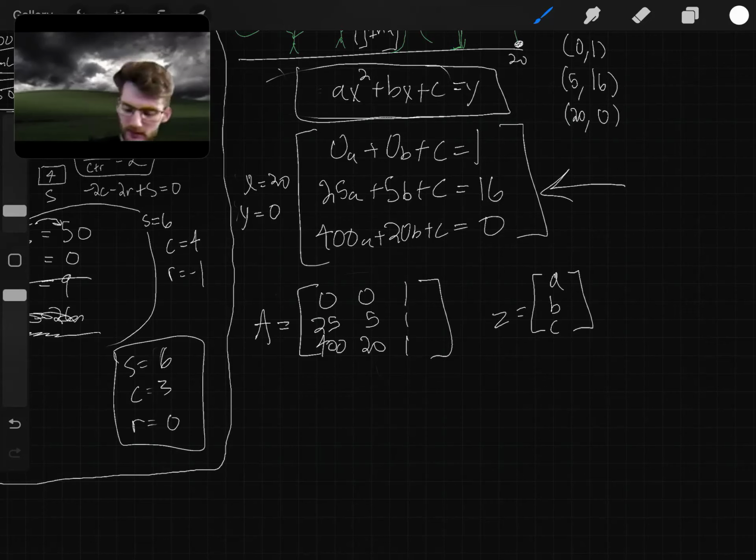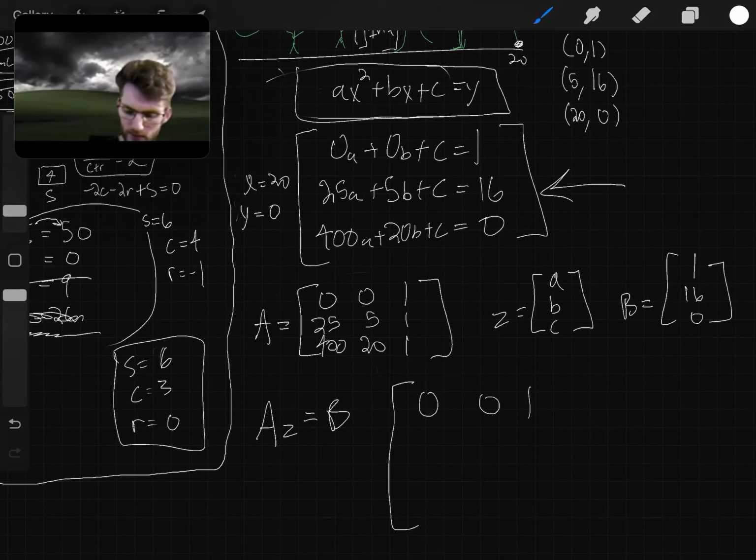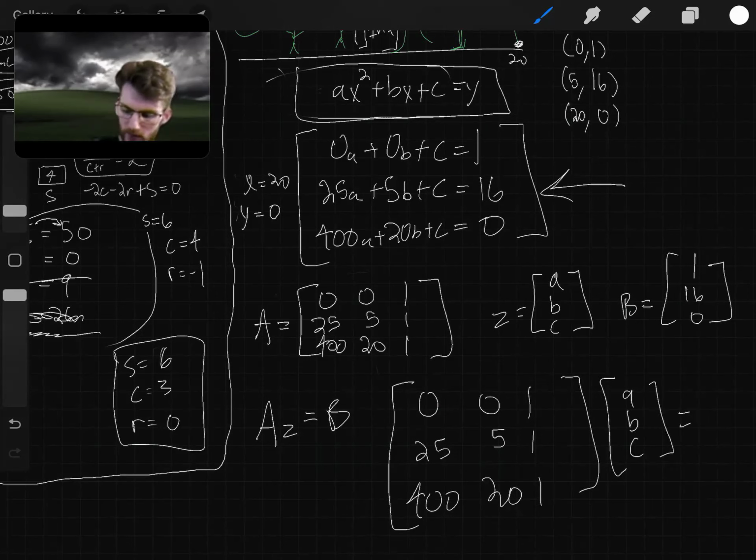And then this is all equal to 1, 16, 0. And so A times Z equals B, which can be written as 0, 0, 1, 25, 5, 1, 400, 20, 1 times A, B, C equals 1, 16, 0.